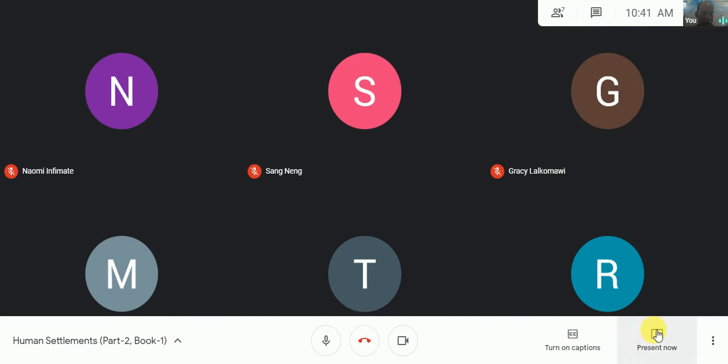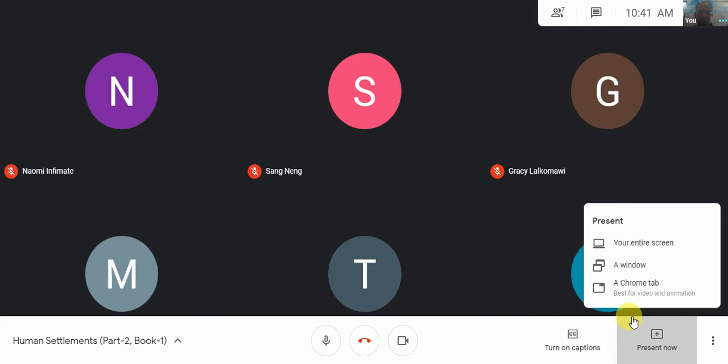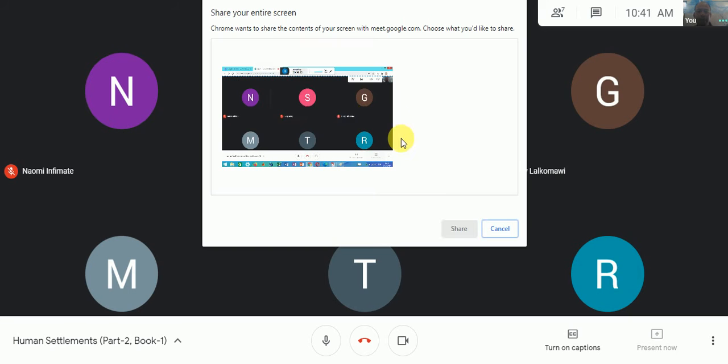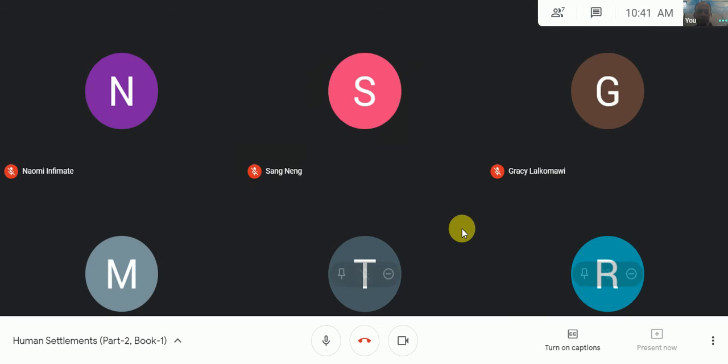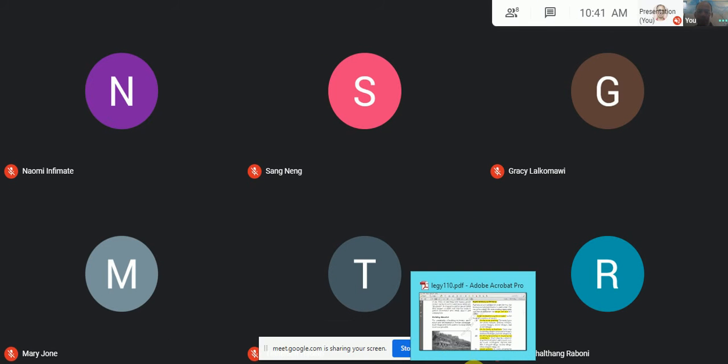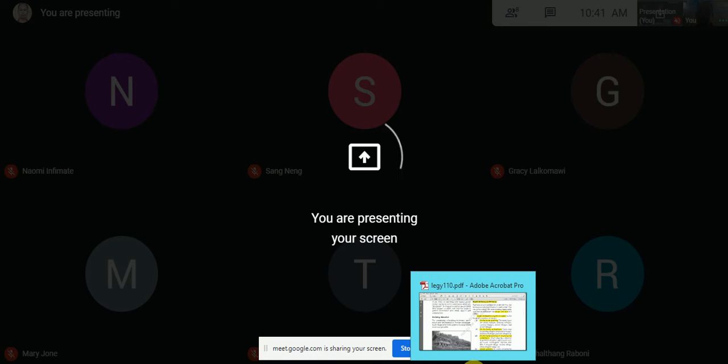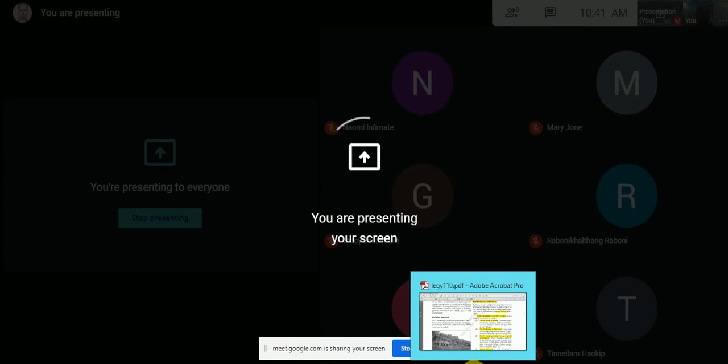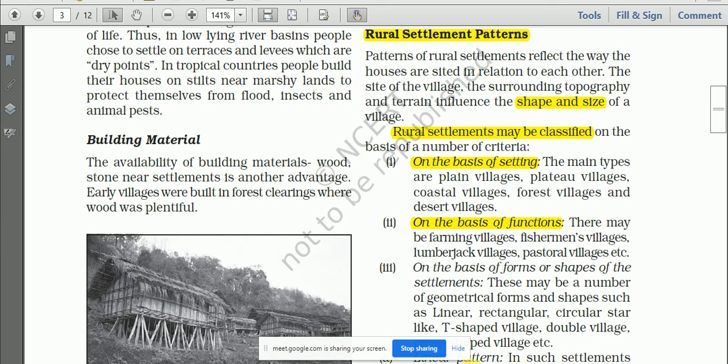Now I will present rural settlement patterns.